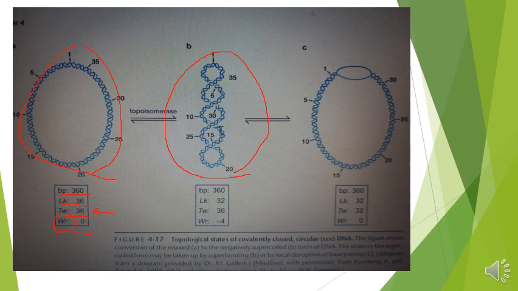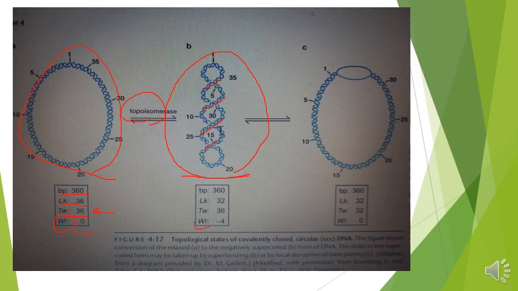But when topoisomerase works on this DNA, you can see that this DNA is supercoiled. This DNA is in an interwound type of supercoiling, and actually it is in a right-handed fashion, so it will produce negative supercoiling.